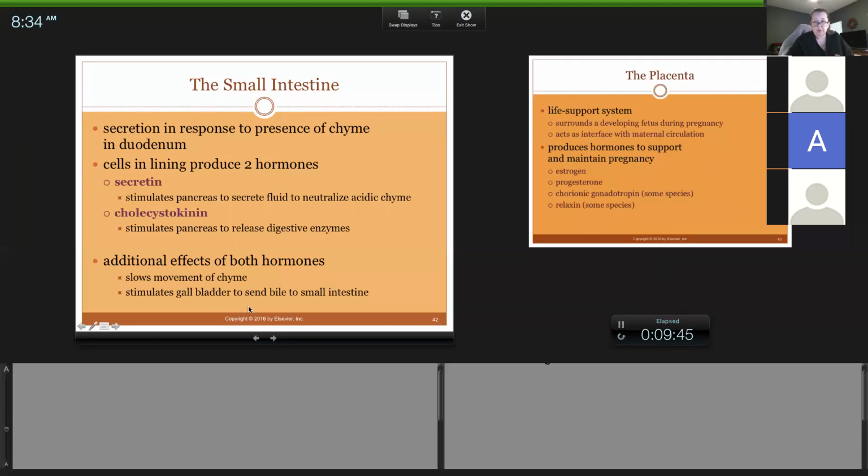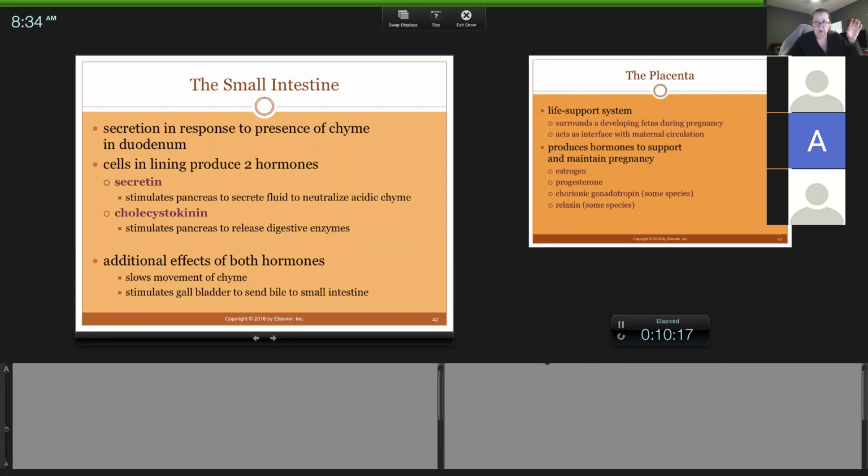Now, on number 12 on your homework, I did not have gastrin or secretin and cholecystokinin, because I talked about these when I talked about the digestive system. But if you remember, secretin and cholecystokinin are in the duodenum.